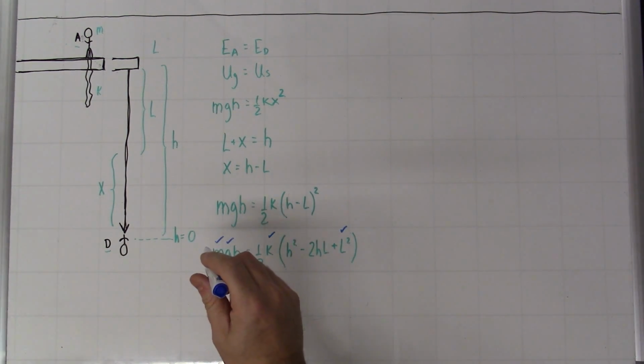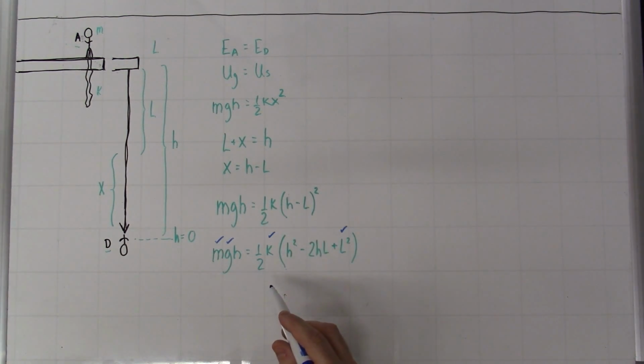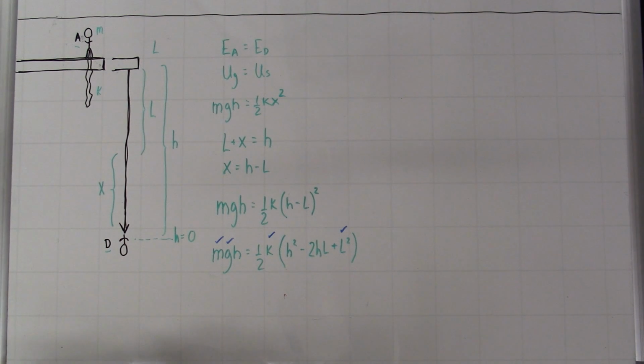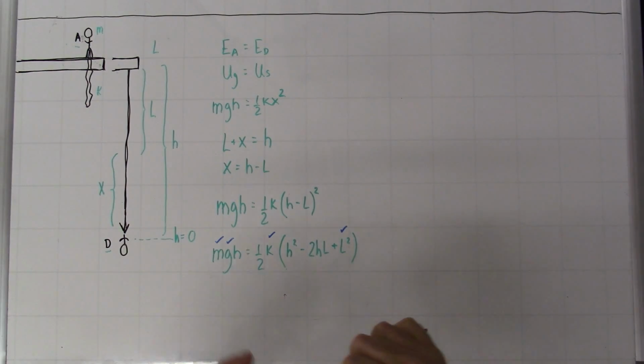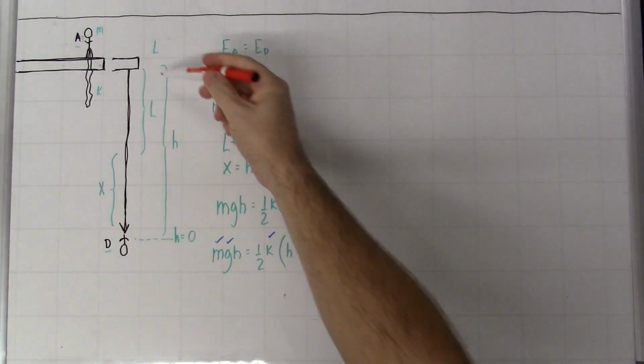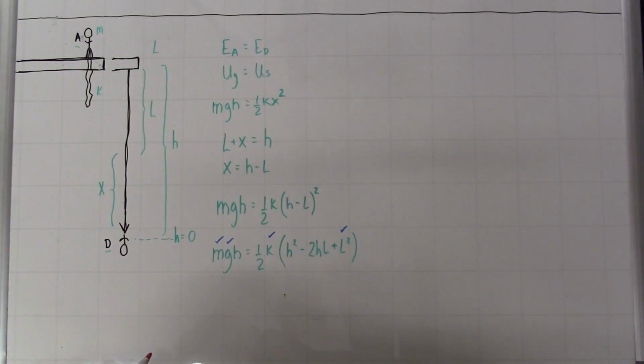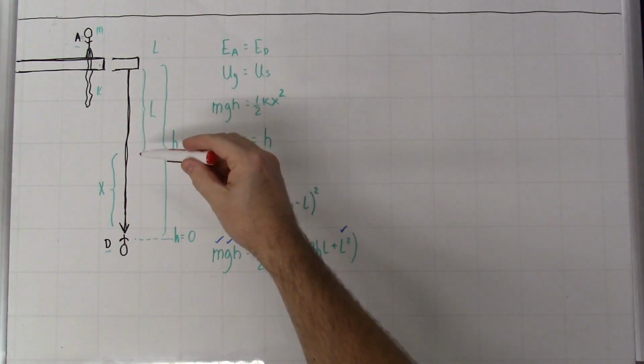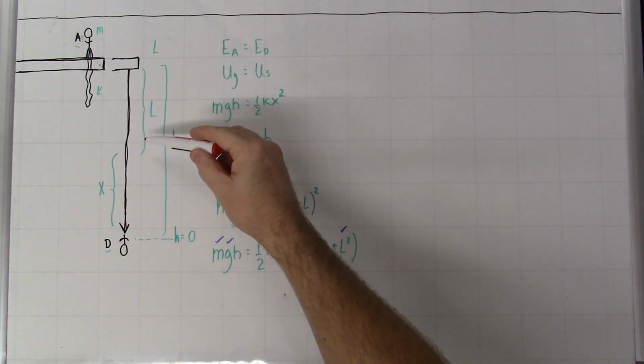The next question says, what is the maximum acceleration of the bungee jumper? If I want to find the maximum acceleration, I have to consider where the forces are the most. If I can figure out where the forces are the most, I can figure out where the acceleration is the most. When the bungee jumper jumps off, they're free falling until they get to the rest length.